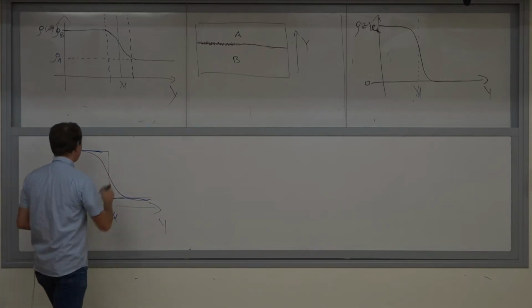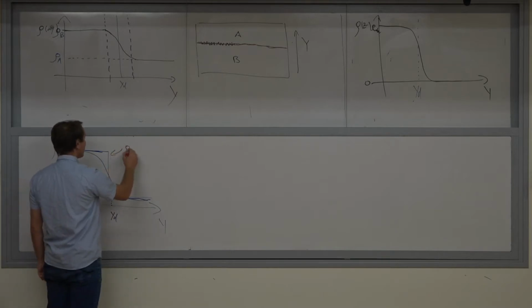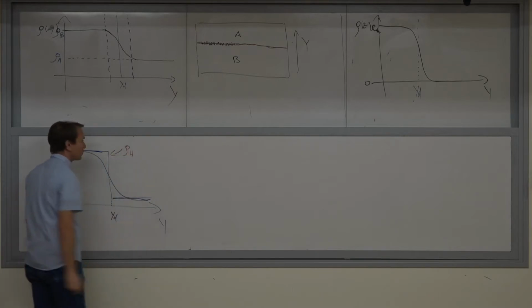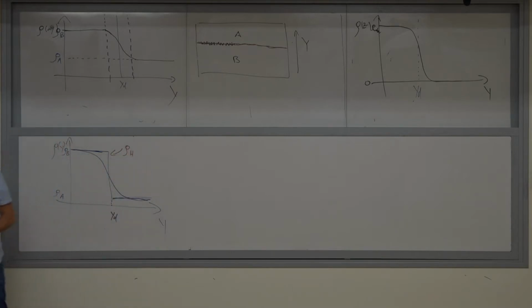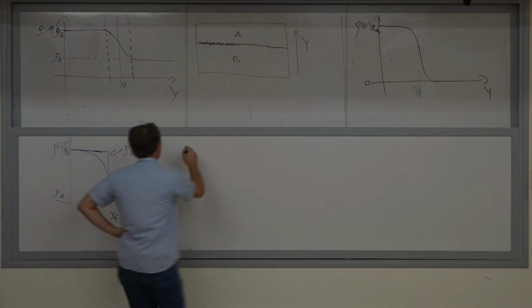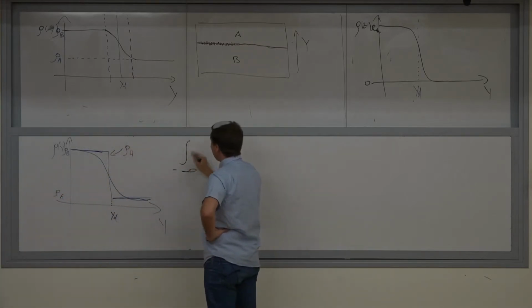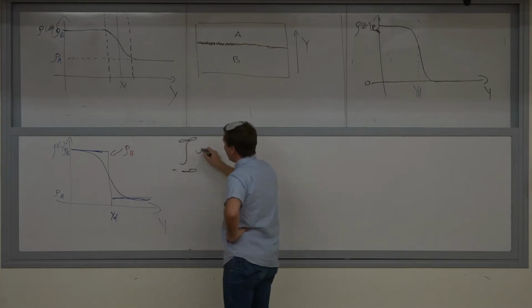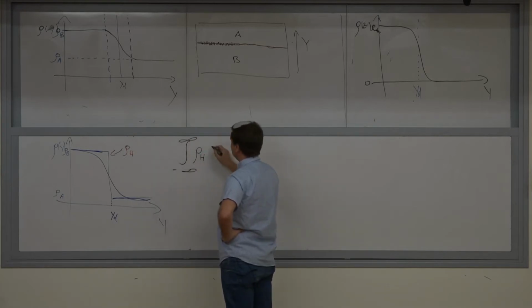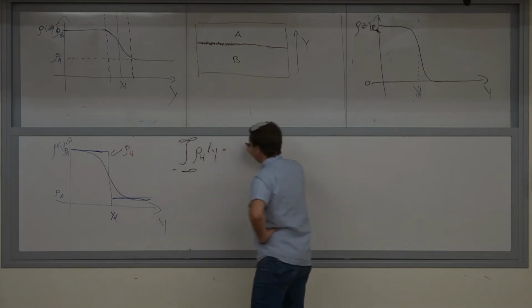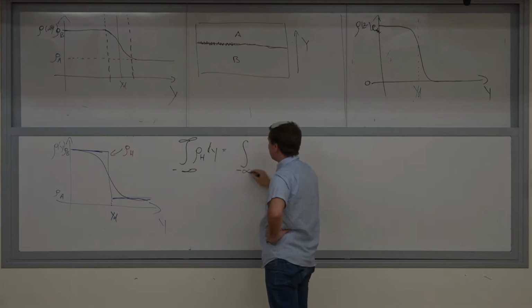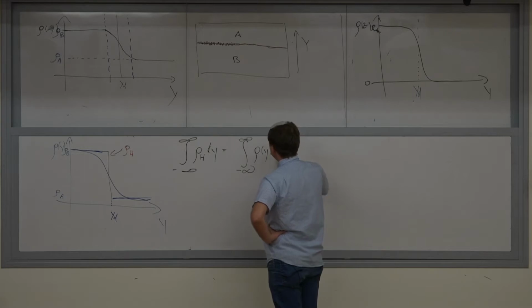Let's call this rho h, rho hypothetical. What I want to say is that the integral from minus infinity to infinity of rho hypothetical dy should be equal to the integral from minus infinity to infinity of rho of y dy.